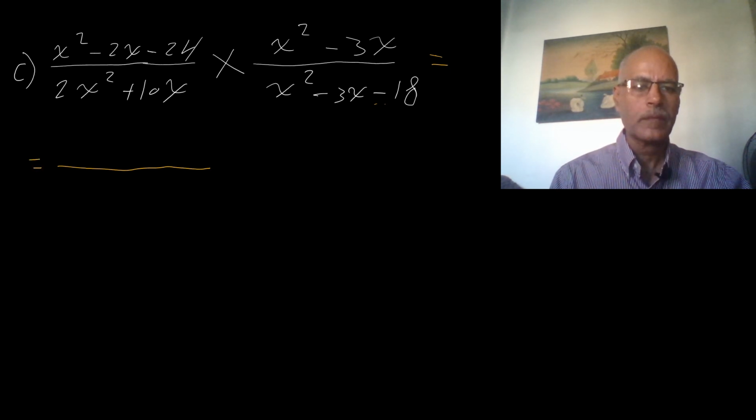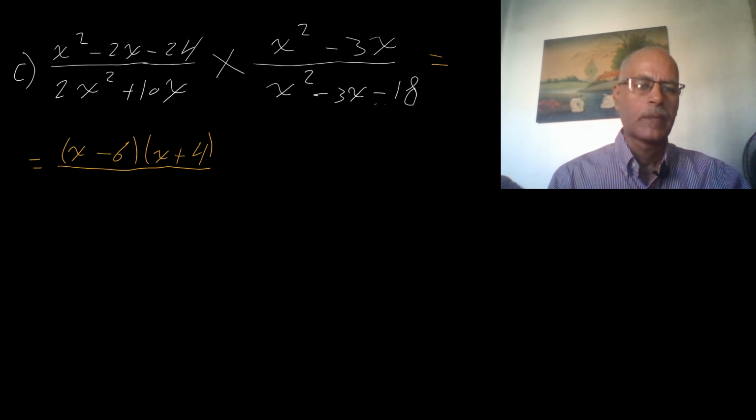Equal x power 2, let's open two brackets, x and x. Negative 24, it's 6 times 4, gives me 24. The last sign here is negative. The greatest one takes the middle sign. It will be negative and positive.